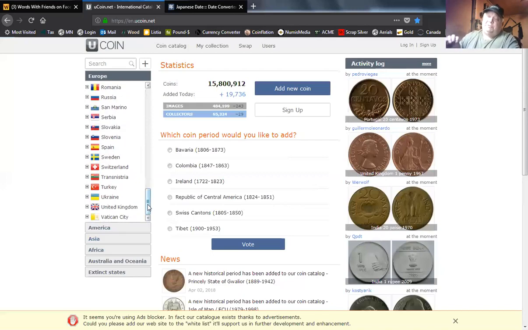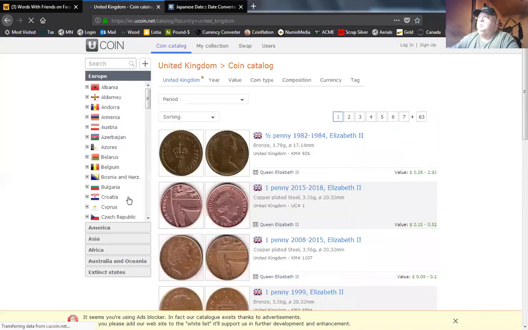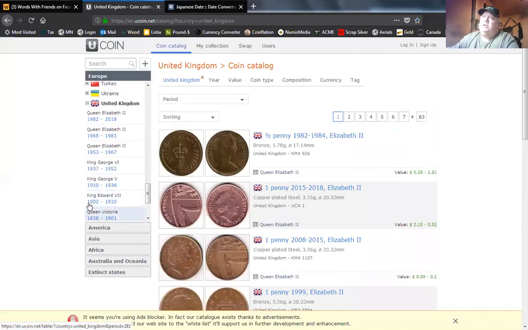Dates are on it, but you don't know how to read it. Let's go to United Kingdom. It's loading. And it goes by years. And it also tells you what domain yours was. King Elizabeth II, you know, three different styles of coins.